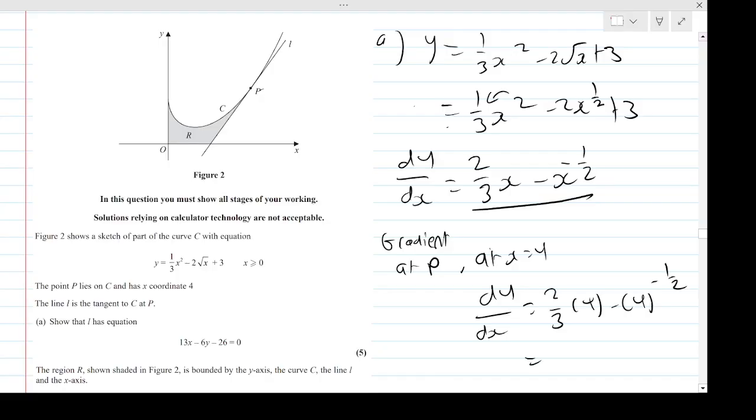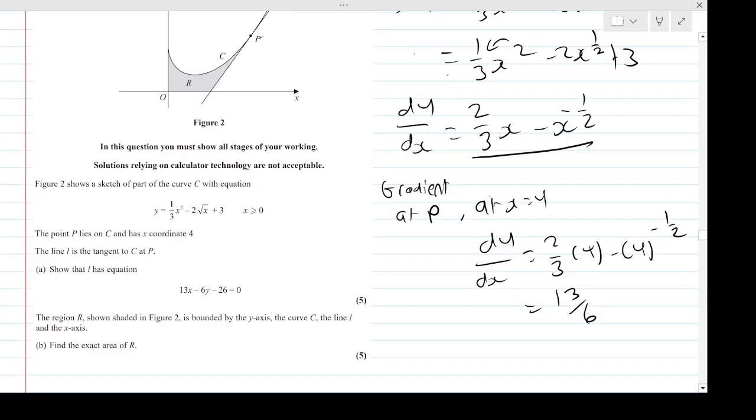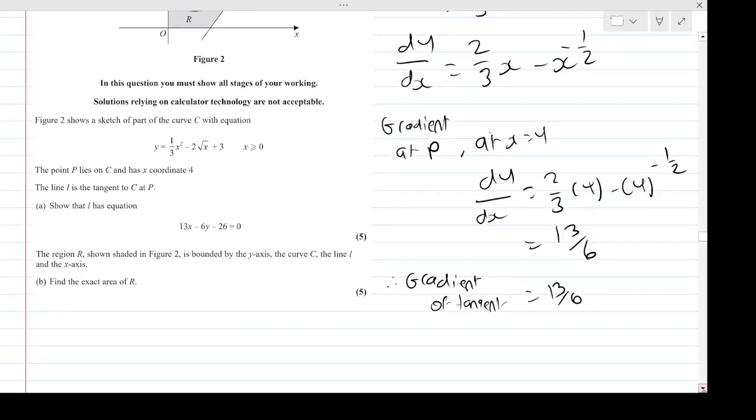And so if I do that, I get 13/6. And so therefore the gradient is the same as the tangent gradient. So that means the gradient of the tangent is 13/6. Again, we looked at that when we looked at tangents in the differentiation chapter.